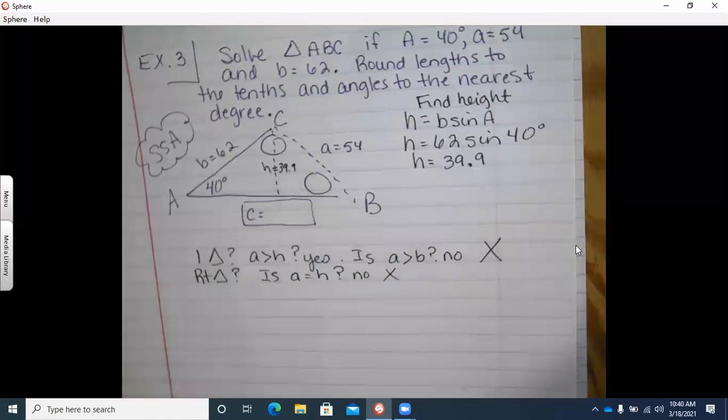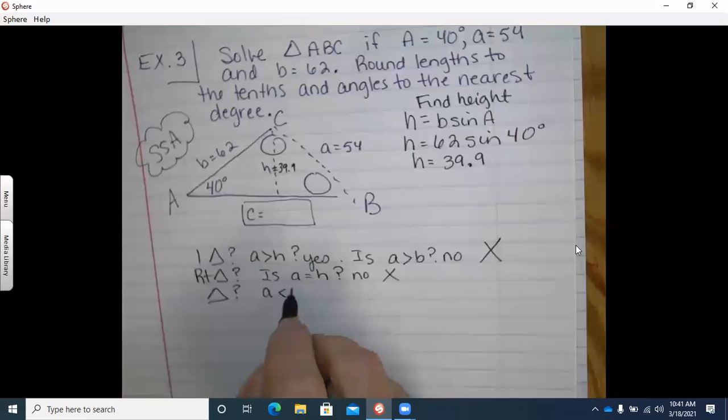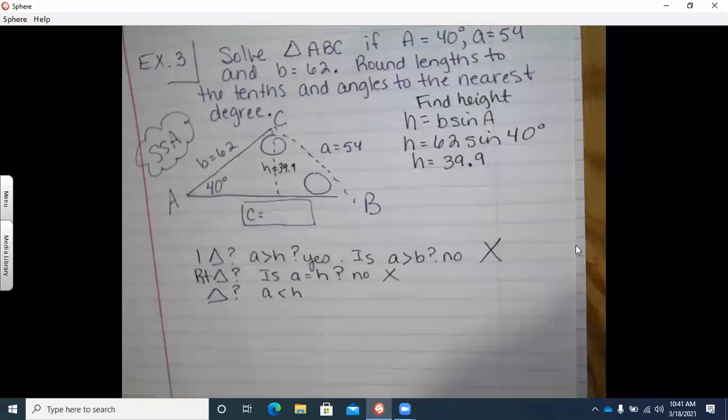Well, is it even a triangle? If it's not, a will be less than h. Is a less than h? No. So we at least know it's a triangle, right? If it's not a triangle, we can stop there. It can't be solved because side a will not actually go down and reach side c, okay?